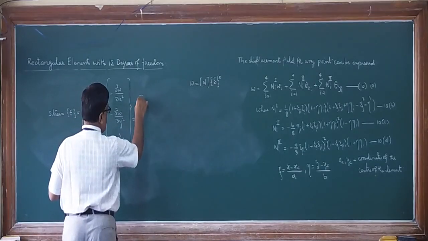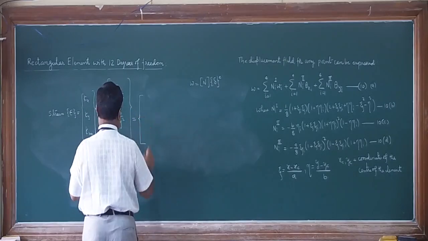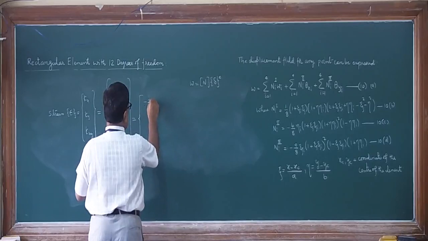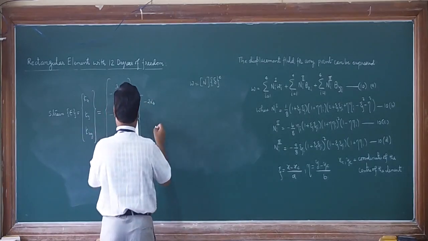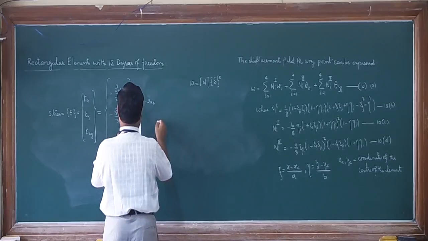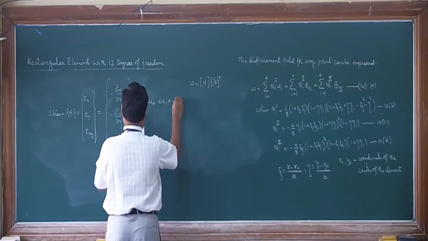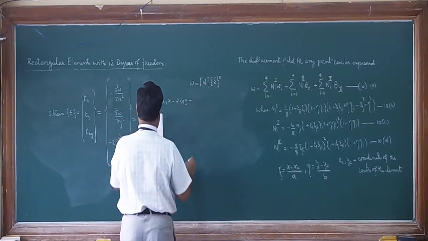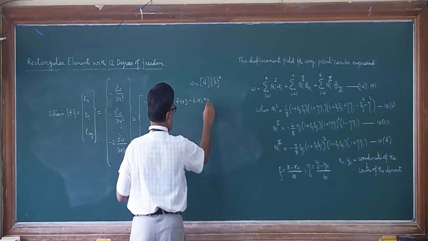So this is again going to be given like this: minus 2 alpha 4, if you take the differentiation of that polynomial, minus 6 alpha 7 x minus 2 alpha 8 y minus 6 alpha 11 xy.